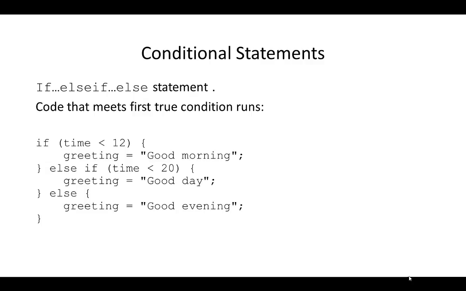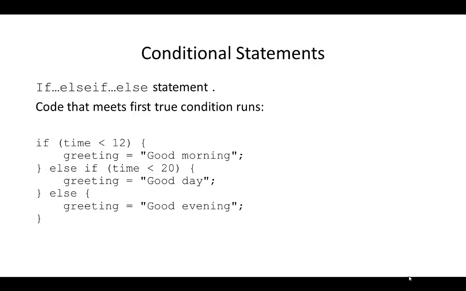So here, if, and then in the brackets we have our condition. If our variable time has a value of less than 12, we're going to set our variable called greeting to equal good morning. If, however, else if the time is less than 20, I'm going to say g'day.